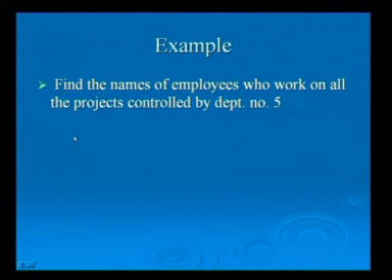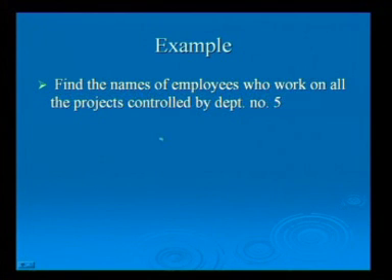Now, through the next example, we are going to retrieve the names of employees who work on all the projects controlled by department number 5. The employees who work on all the projects controlled by department number 5.